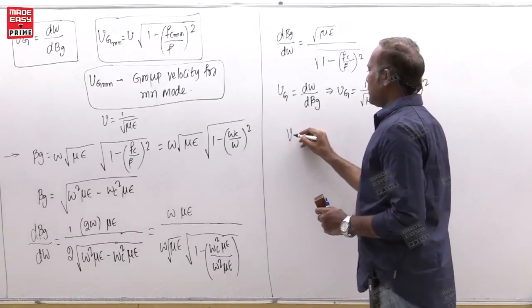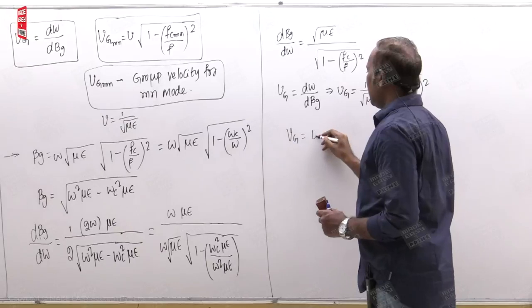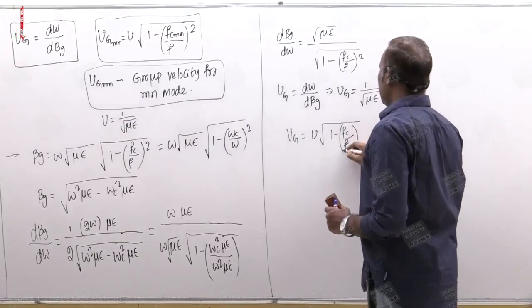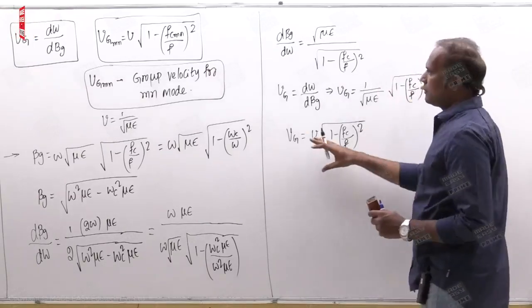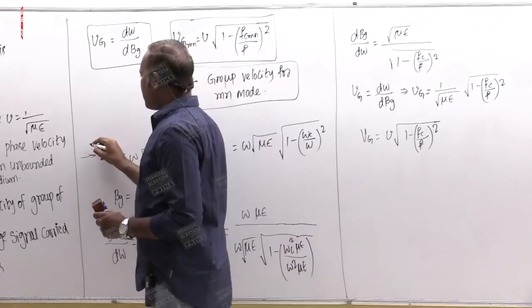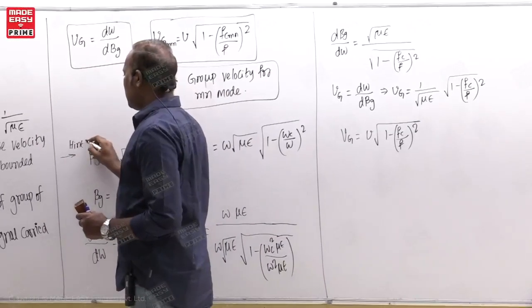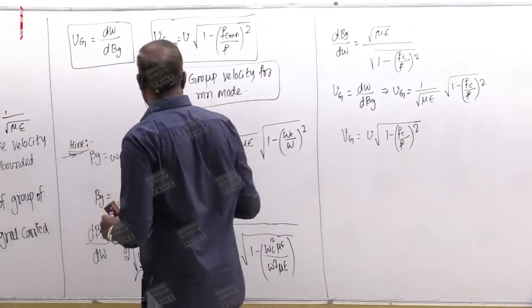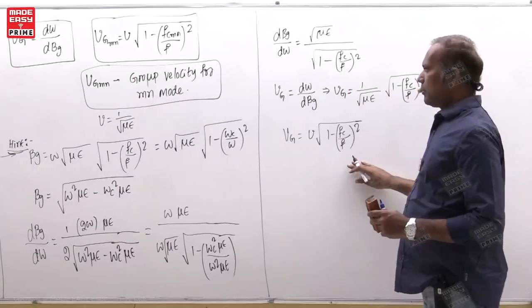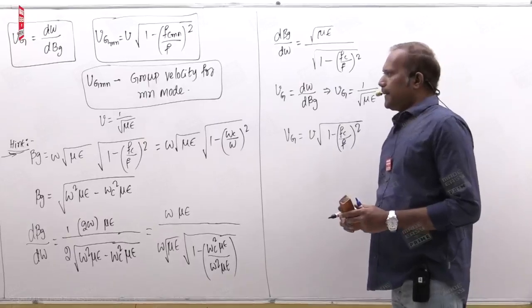So that means from this you got Vg is equal to V times root of 1 minus Fc by F whole square. That's what is written here. It is just an observation or otherwise a hint for you, and no need to study this hint. ये सीखने की जरूरत नहीं है 100%. कोई पूछता नहीं है इसको, right students?